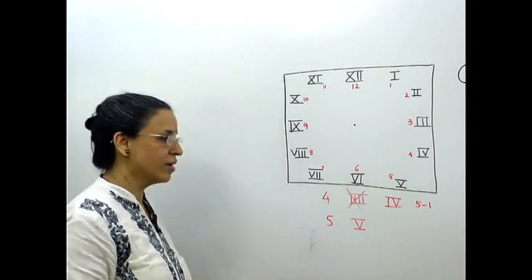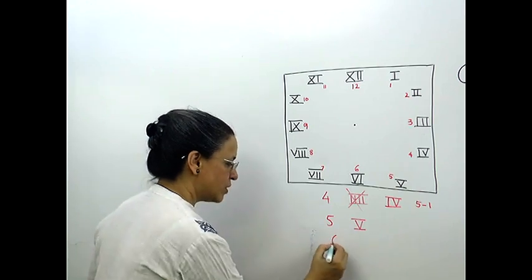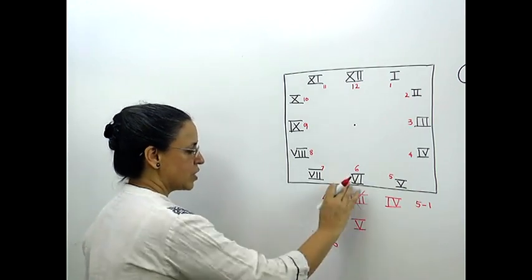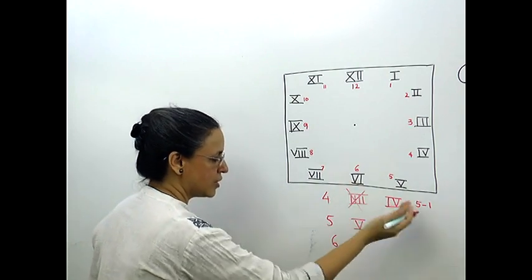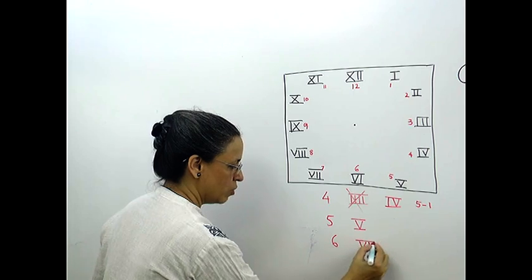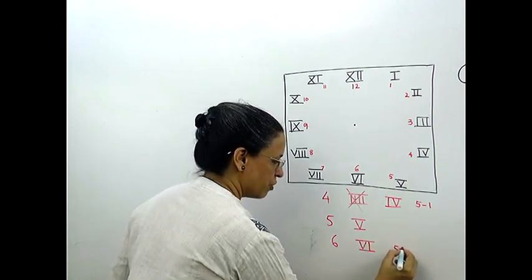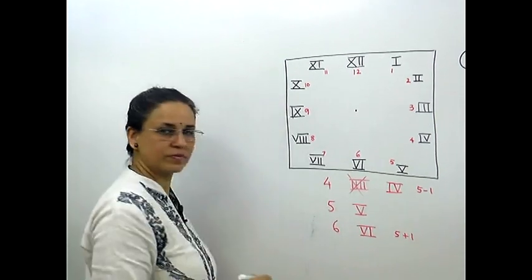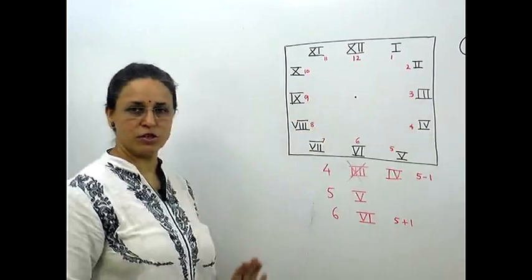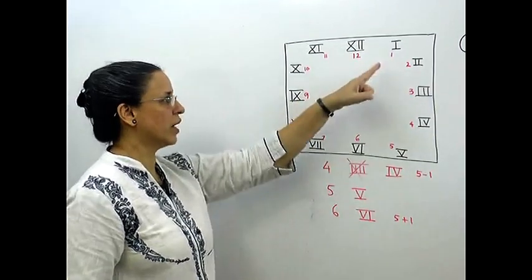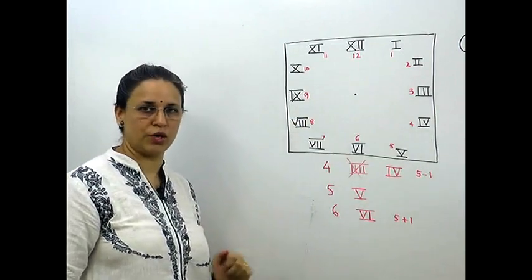Have you got that? Now we know 5 is written this way. So then how will 6 be written? 6 would be written this way, first 5, and then on this side we write 1, which makes it 6. So what does this mean? 5 plus 1. See, 1, 2 and 3, there is no problem because you have 1 line, 2 lines and 3 lines to show you 1, 2, 3.